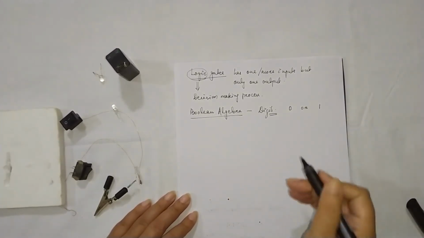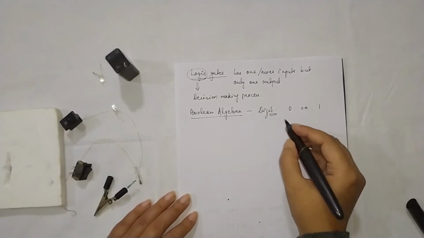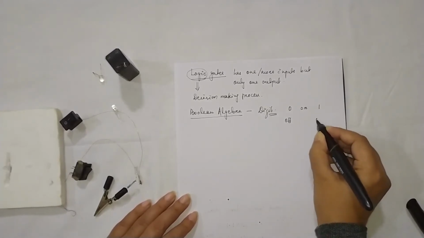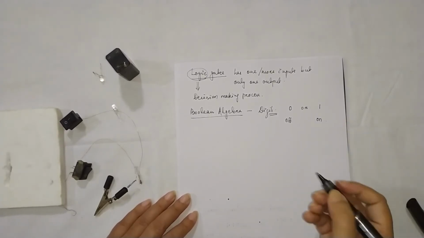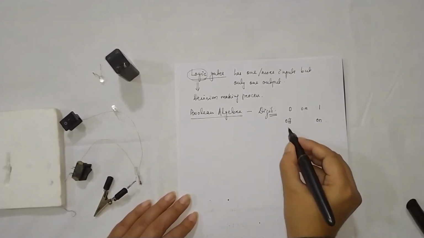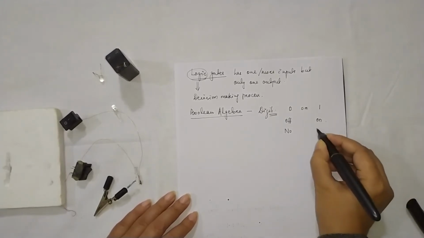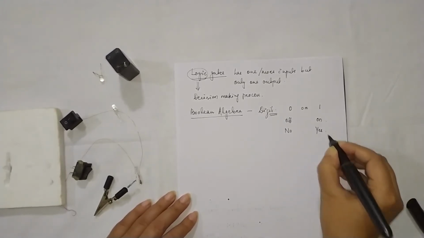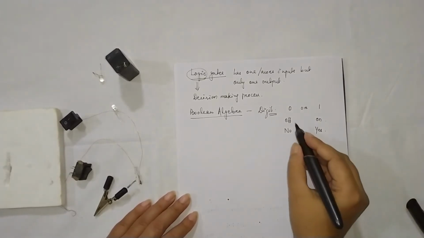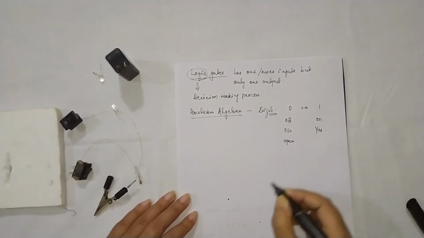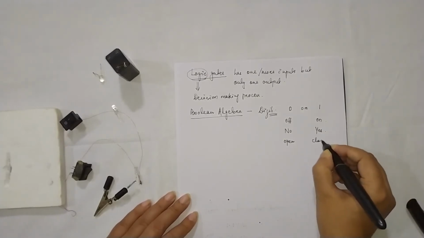The 0 indicates off and 1 indicates on. Or you can say 0 indicates no, 1 indicates yes. Or 0 indicates an open circuit, 1 indicates a closed circuit.